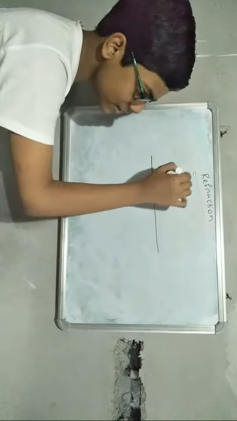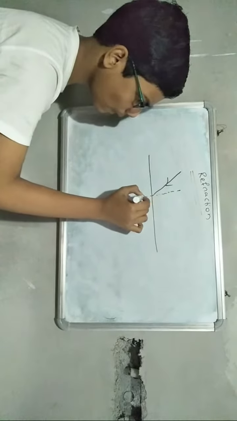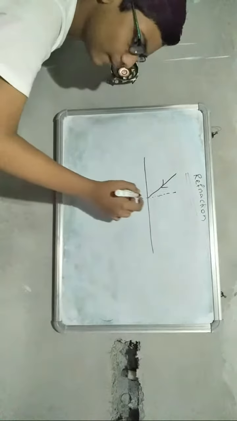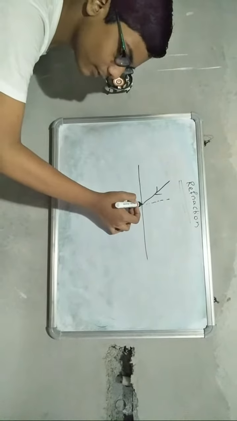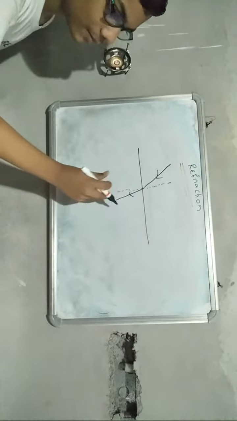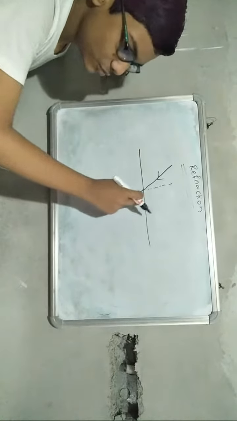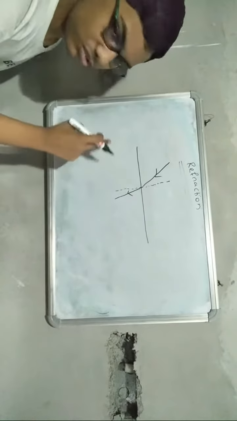So when an incident ray falls, depending on the normal, a refracted ray is formed like that. This has to be the direction, not far from the normal, close to the normal.